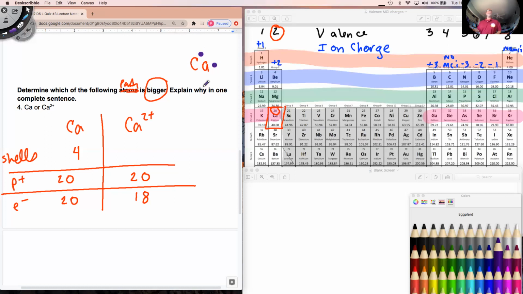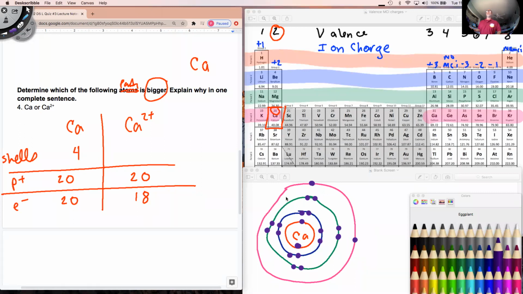Is calcium going to want to gain 1, 2, 3, 4, 5, 6 more electrons, or is calcium going to want to lose just these outside 2 electrons? Calcium is going to want to lose these outside 2 electrons. And in doing so, what's going to happen? Calcium is going to look like this.